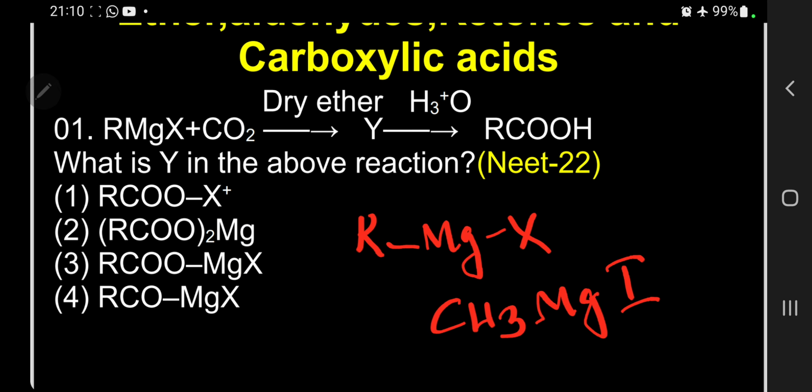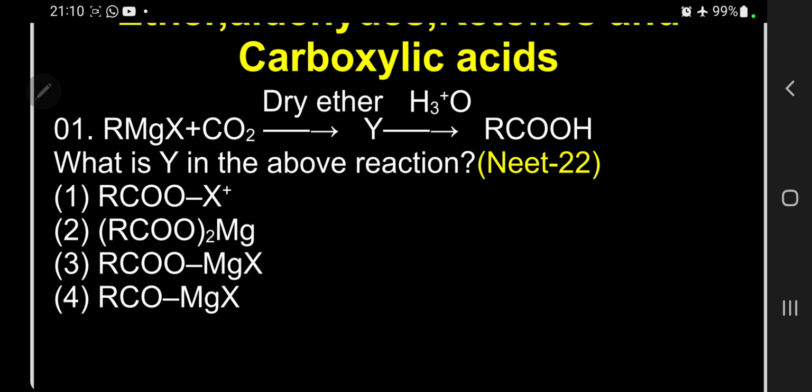Almost more than 75-80% of compounds can be synthesized using this. Like this, carboxylic acid also can be prepared. In this case, we are using carbon dioxide with the RMgX Grignard reagent.